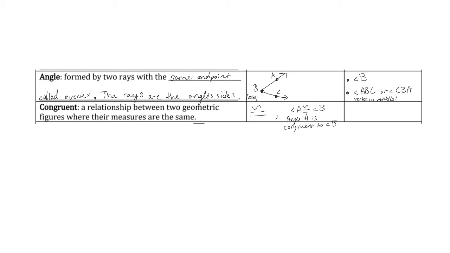We can also say a segment AB is congruent to segment CD, or angle ABC is congruent to angle EFG. That's how we write congruence. This is the symbol for congruent.